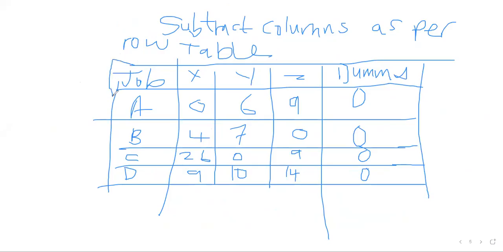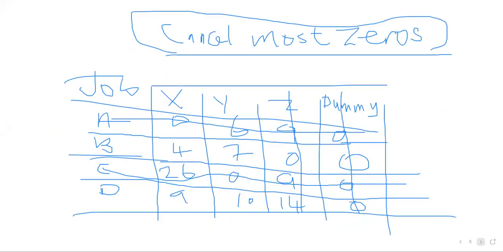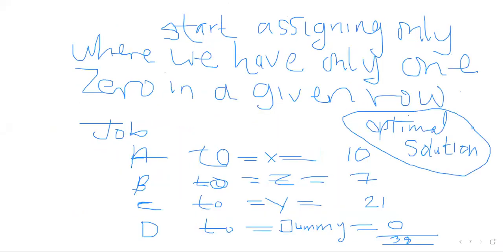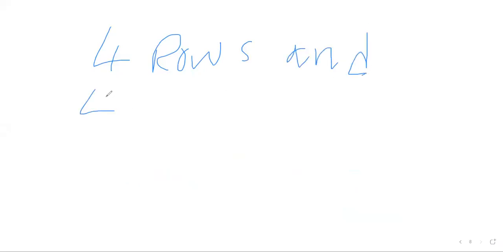I hope you have time to go through, but I mentioned that when there are 4 rows and 4 columns, you cancel 4 times. Meaning 4 rows and 4 columns, cancel how many times? 4 times.